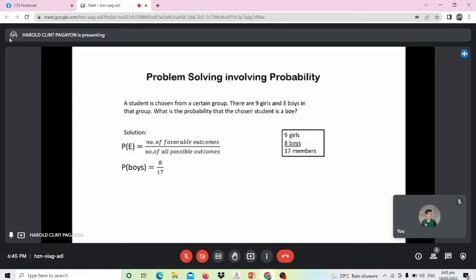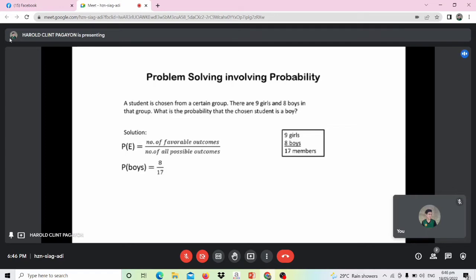So why does it become 8 over 17? It becomes 8 because we are looking for the probability of the boys. That's our number of favorable outcomes, all over the number of all possible outcomes, which is the total members, 17.